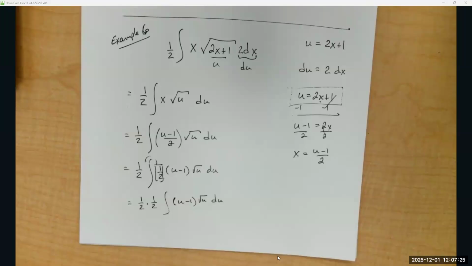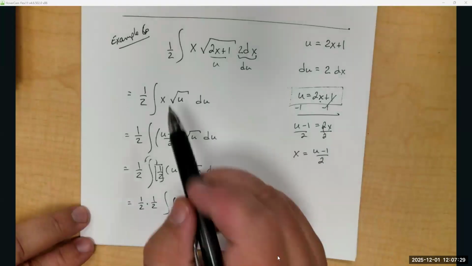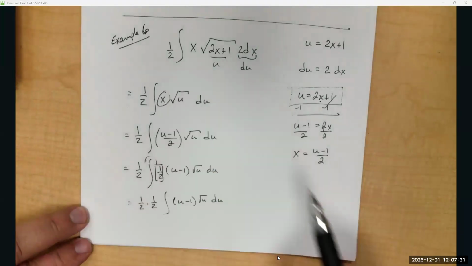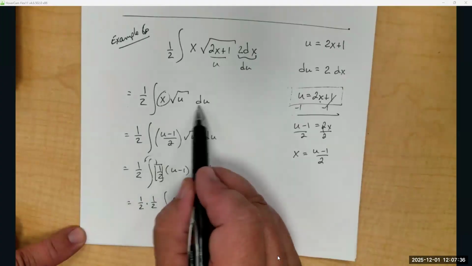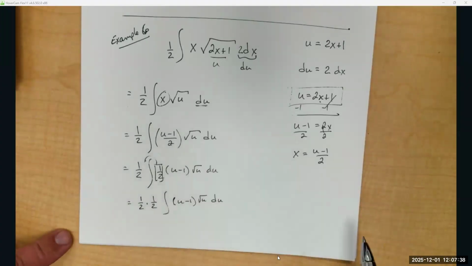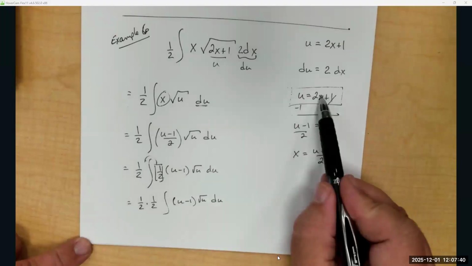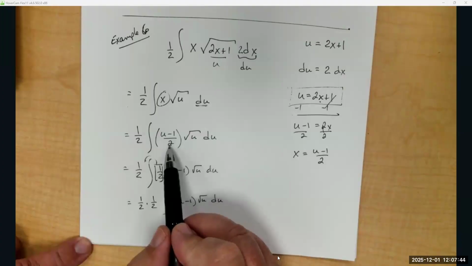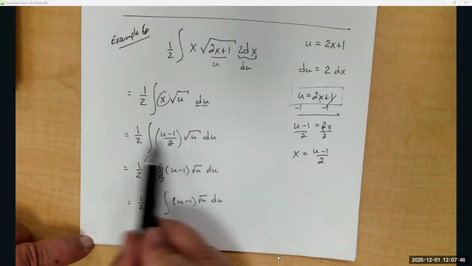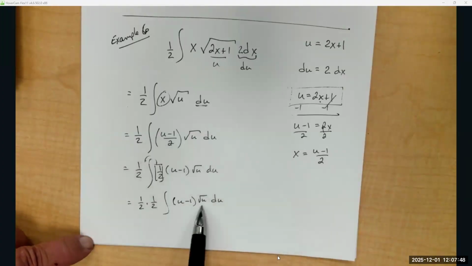Let that sink in real quick. Because first off, the problem we had is what happens to x? It has to be in terms of u, because that's what we're taking this integral with respect to. So we have to find x with respect to u. We did that. We plugged it in there. Since there's a fraction in there, we take out the 2, and now this is what we have.